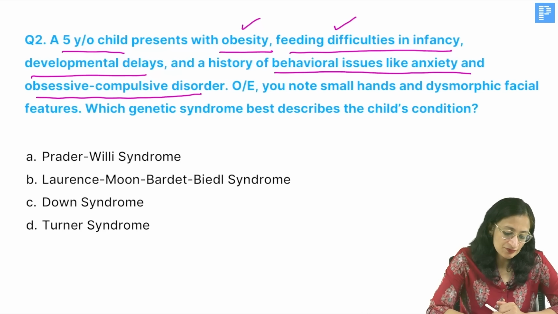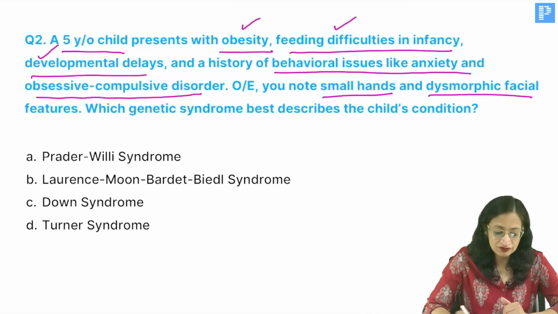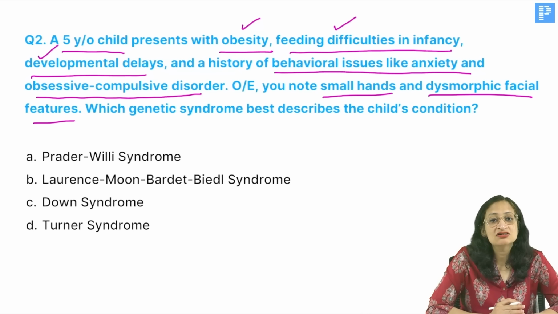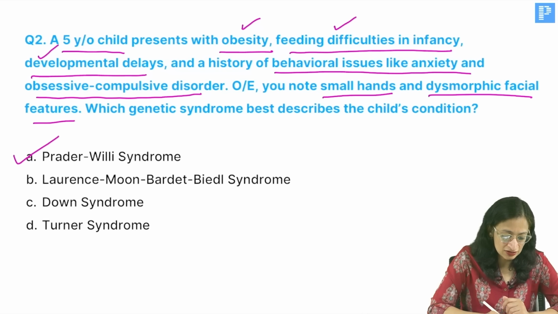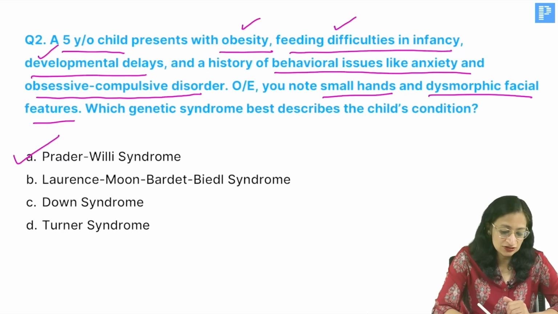Developmental delay, obesity, feeding difficulties, behavioral issues, small hands and dysmorphic facial features are all suggestive of the diagnosis of Prader-Willi syndrome, which we'll be discussing in more detail, but a little bit about the others.